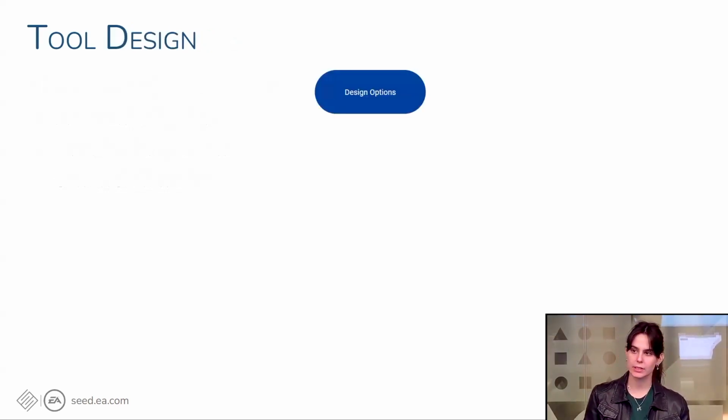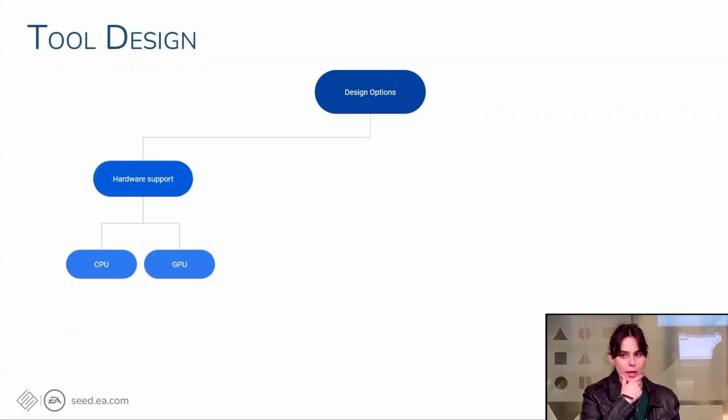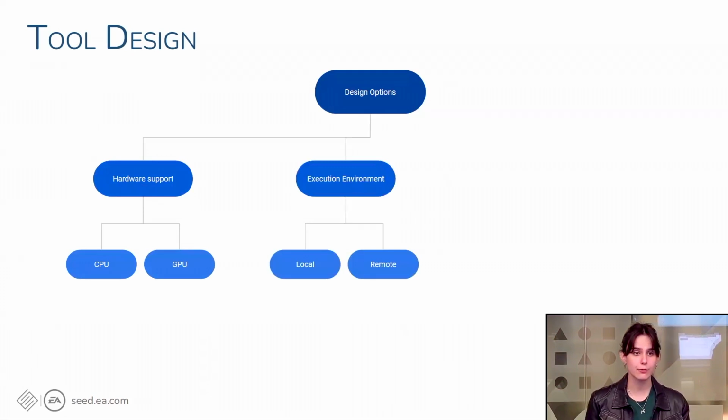So when working with machine learning models, there are several considerations that we have to take into account. These are not one-size-fits-all, and it will depend on your use case. But we wanted to expose here some of the most outstanding choices that we had to consider for our tool. First of all, the hardware support. As we've mentioned before, GPU inference would speed things up, but maybe not everyone has the appropriate hardware, especially if we consider a local execution environment.